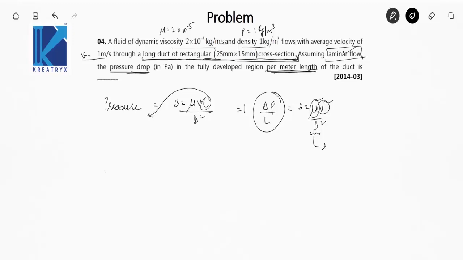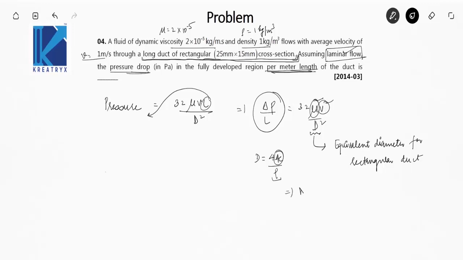Because in the previous question it was diameter because a pipe was given. Now this d here is the equivalent diameter for a rectangular duct, and you know that this is equal to 4 AC by P. AC is the cross section area of the duct and P is the perimeter of the rectangular duct.